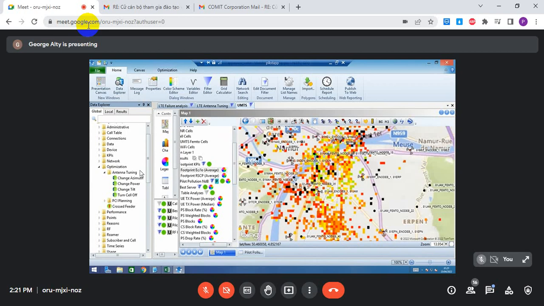We'll run that analysis and enter the tilt value that we want to simulate. Geo will calculate the new footprint based on the current RF conditions, and the fact that we know the existing tilt of the cell, its azimuth, and its power. So you can simulate the tilt that you would need there.